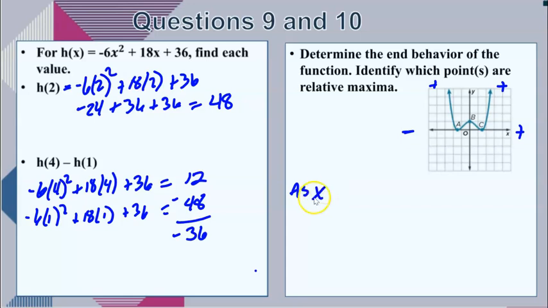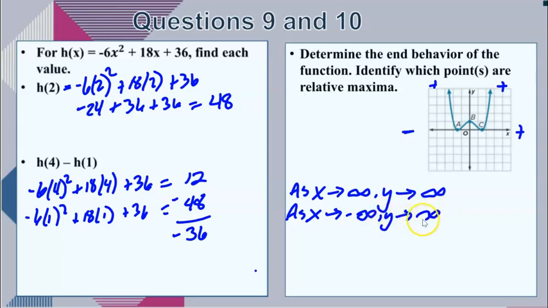So as x approaches positive infinity, y approaches positive infinity, and as x approaches negative infinity, y approaches positive infinity. Now you can use increase and decrease, so this would be increase, increase, this would be decrease, and this would be decrease.